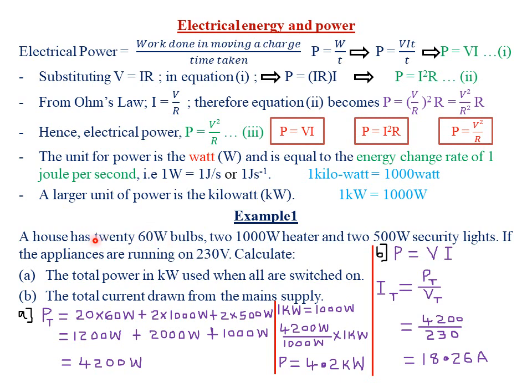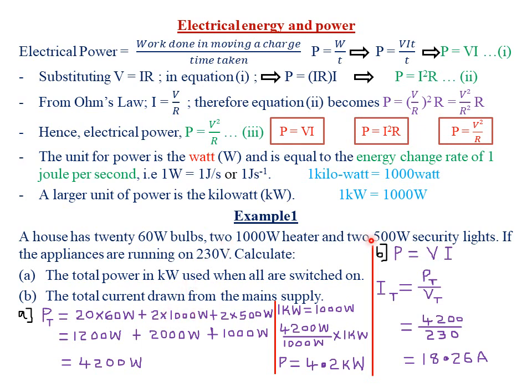We are told that the house has 20 60 watt bulbs. If each bulb is consuming a power of 60 watt, then 20 bulbs will consume 20 times 60 watt. Plus the power consumed by 2 heaters. If one heater is consuming 1,000 watt, then 2 heaters will consume 2 times 1,000 watt.